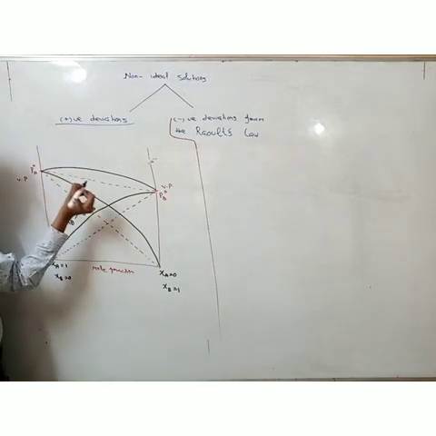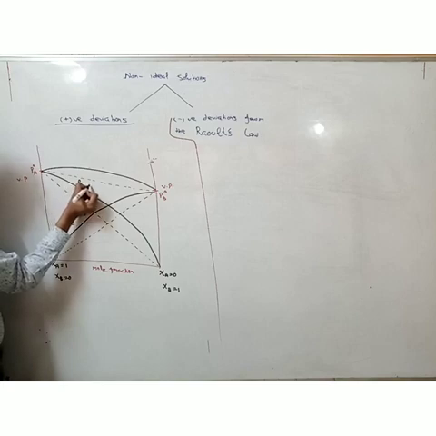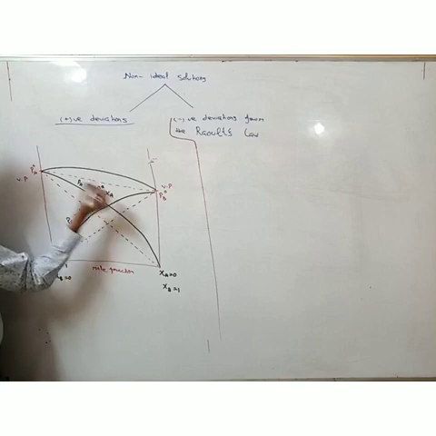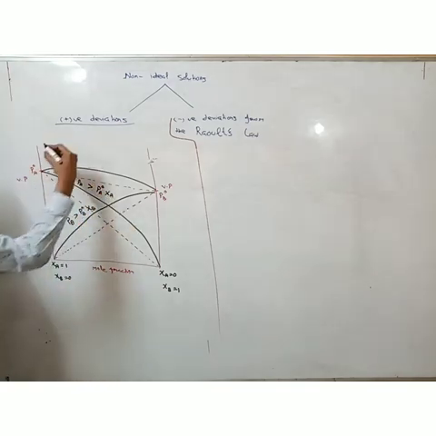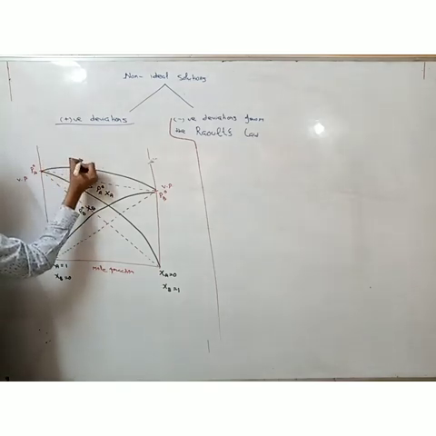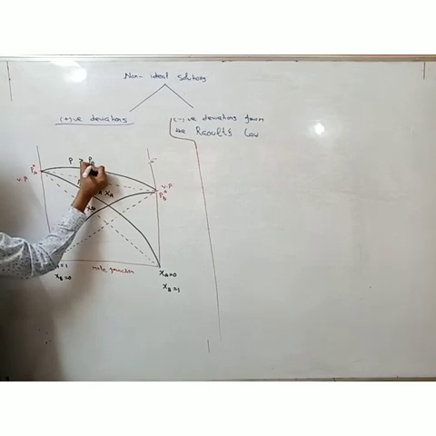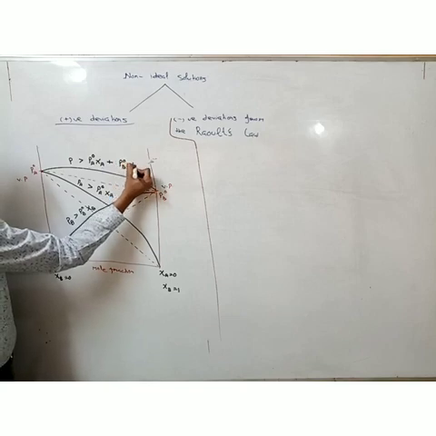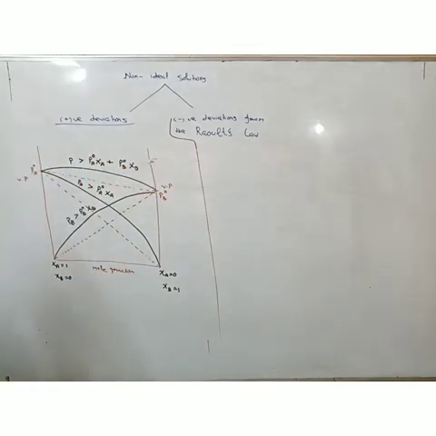Similarly, for component A, partial vapor pressure of component A is greater than PA naught XA. And vapor pressure of solution P is greater than PA naught XA plus PB naught XB.